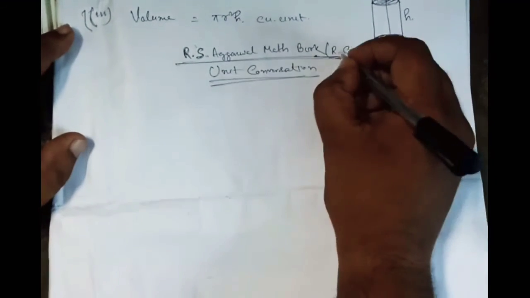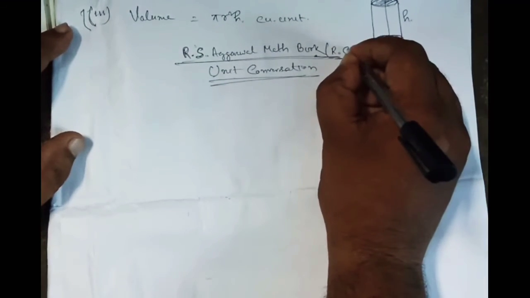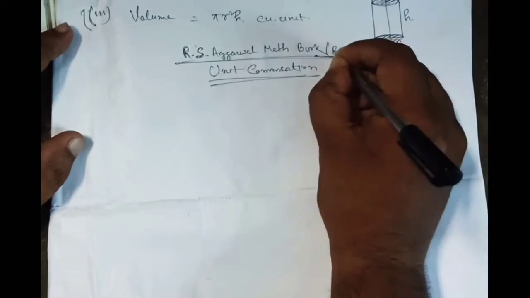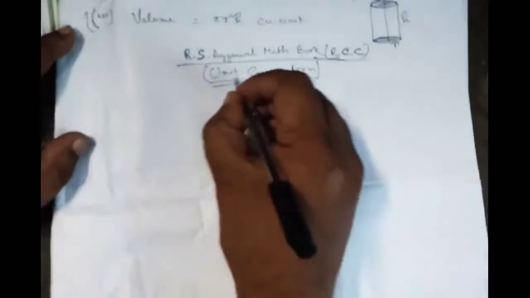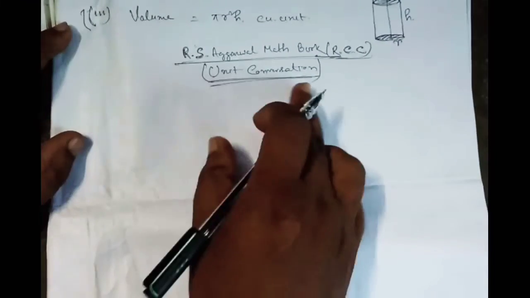If two units are different, then we can't solve the mensuration problem. So unit conversion is the first requirement.